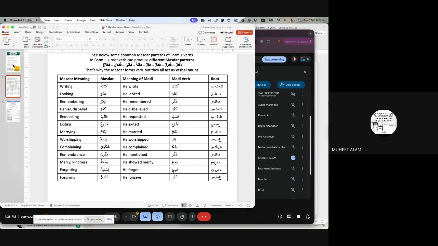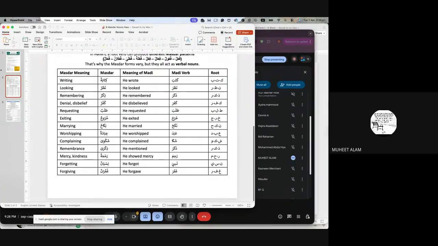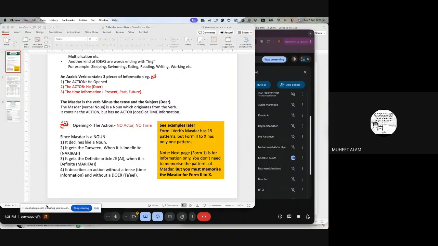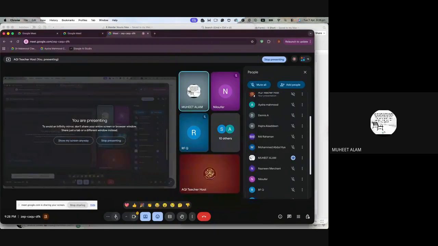Now, if we connect it to English verbs, we can understand it more clearly. In English, we also express ideas in similar ways. For example, when we say "to submit," we are talking about the idea of submitting, not an actual action happening.